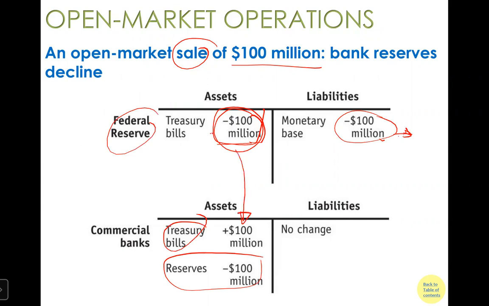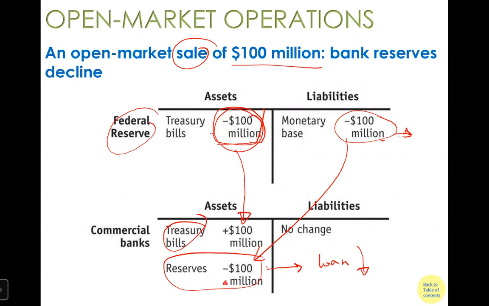Treasury bill goes to here, right? And the reserve just goes to here. Okay. But then, how does that affect the money market? So the reserves decrease, then the loans the commercial bank can make will decrease because they need to satisfy their reserve requirement.